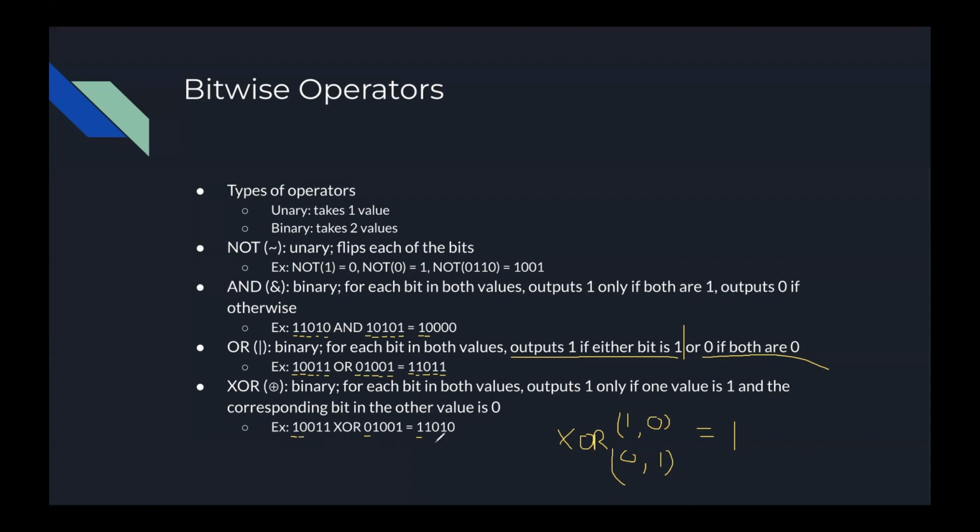So in order for the next digit to be 1, the corresponding digits must be different. And then this is 0 and this is 0. Since both of them are the same, we're going to have a 0 here. I forgot to underline this earlier. For this one to be 1, since this is a 1, this must be 0, and it is 0, so we're going to have a 1 here. And then you can see that the last two are 1. It's the same value, so we're going to have a 0 here.